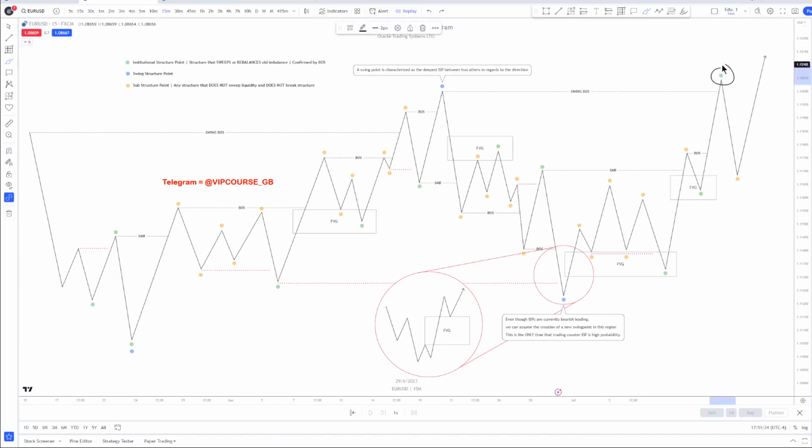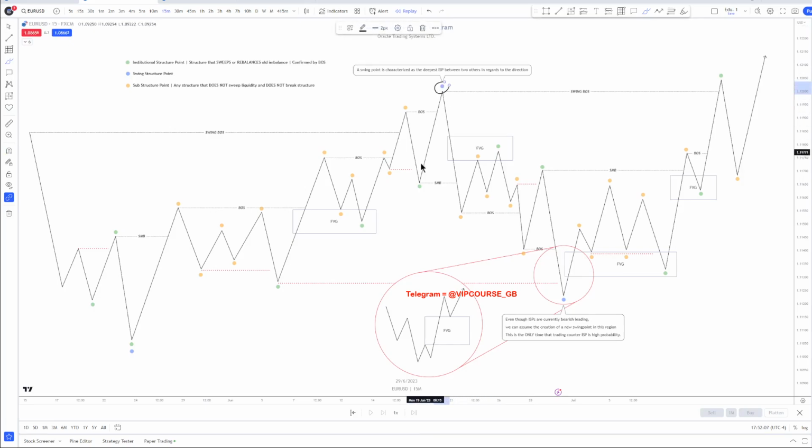Notice this is not a green dot. Why isn't it a green dot? Because we don't have another green dot or another ISP that is lower to the right and another one that is lower to the left. So we still assume here that structure is continuing bullish until we break down and create a lower ISP to the left. We assume that swing structure is not complete in its formation and we should continue up.